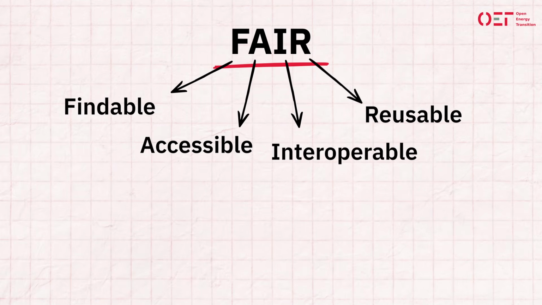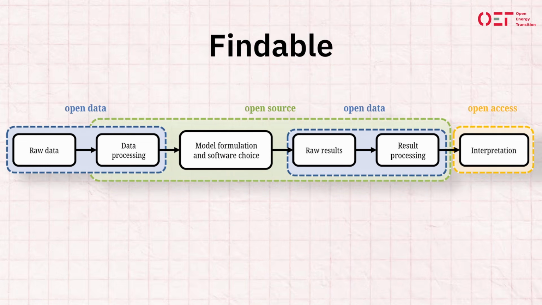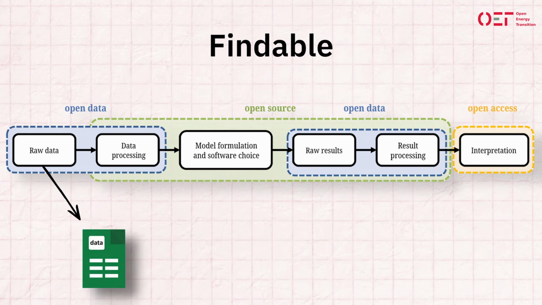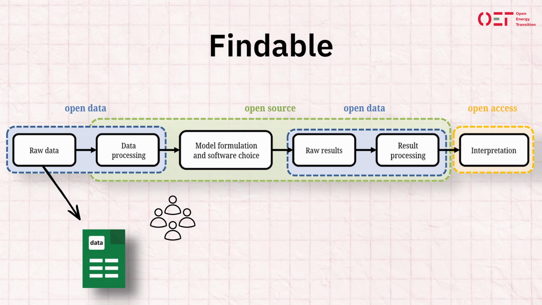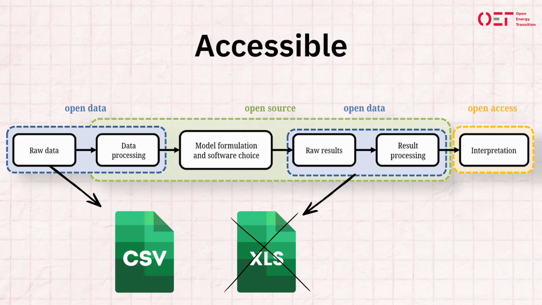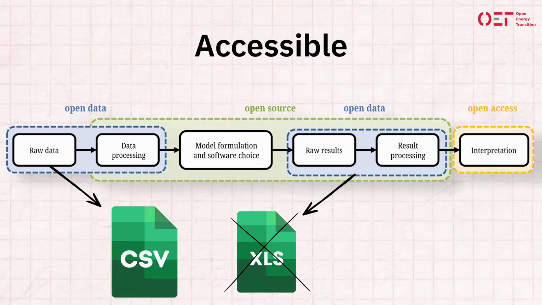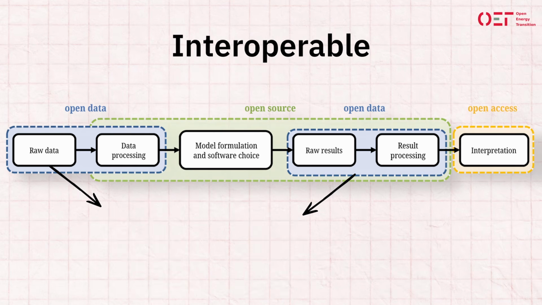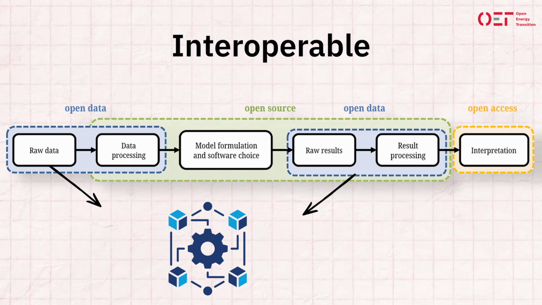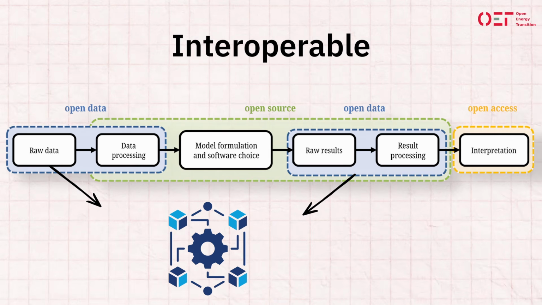This means, for example, that data needs to be findable: each and every input file and assumption should be publicly available, and annotated or described by metadata. Accessible: data should be available in a non-proprietary format. Interoperable: a standardized language and formats must be machine readable and understandable for humans, and data should be usable with different workflows or applications.